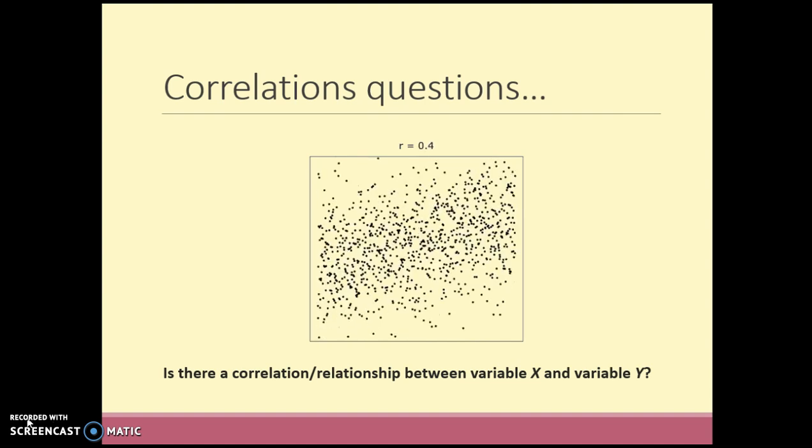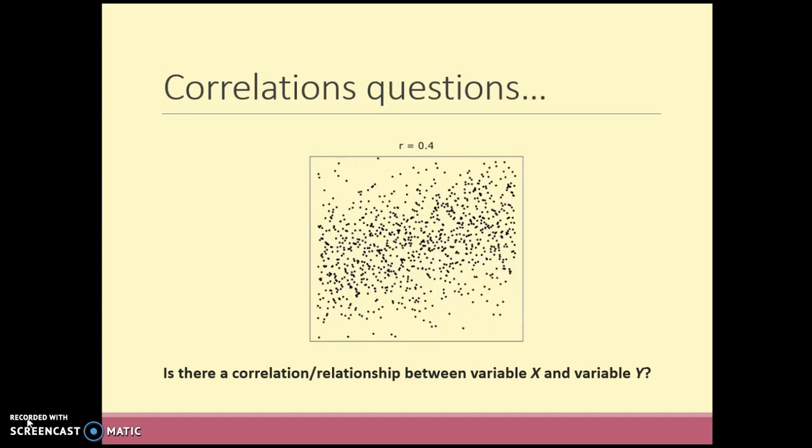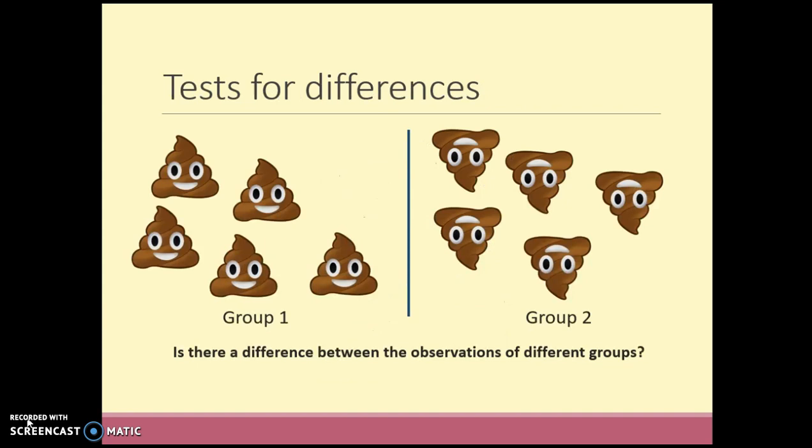For example, variable x, which we'd find on a horizontal axis of the graph, and variable y, which we'd find on a vertical axis of the graph. However, when we ask questions about tests for differences, what we want to find out is, is there a difference between the observations of different groups? In this example, we could ask, is there a difference in the shape of poo between two different groups that have experienced two different types of treatment?